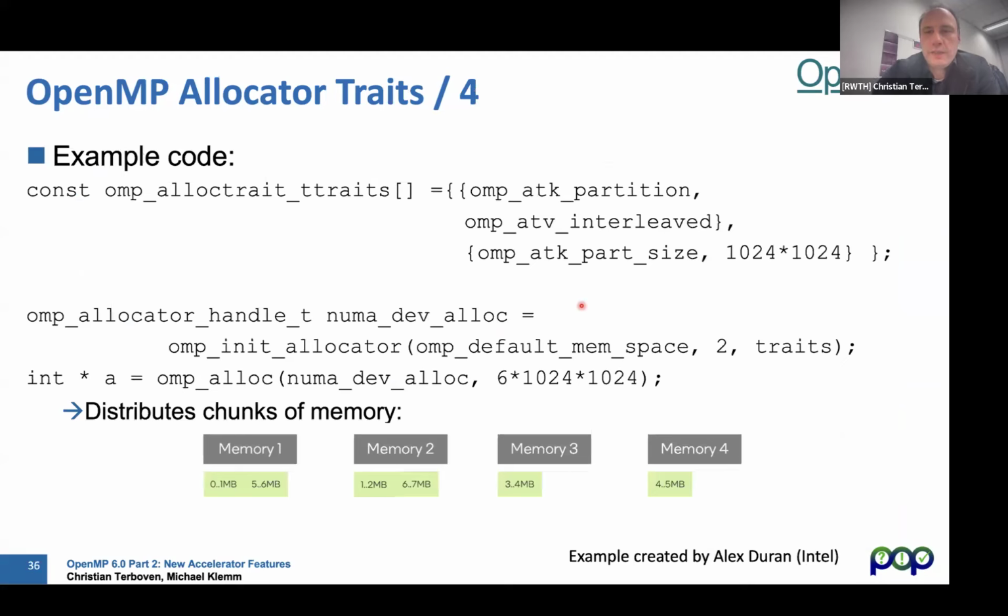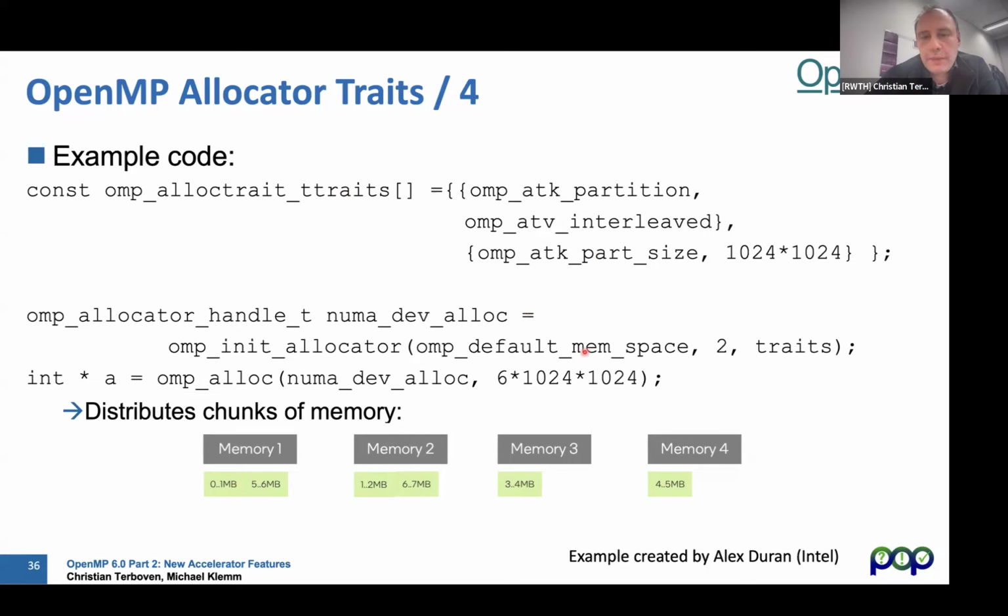So let's take a look at this interleaving. It's a simple data structure, sorry, to contain the traits. We ask for a partitioning to be done by the allocator with the interleaved setting, and we want the partition size to be 1 megabyte. And then we can initialize the allocator with a selected memory space.